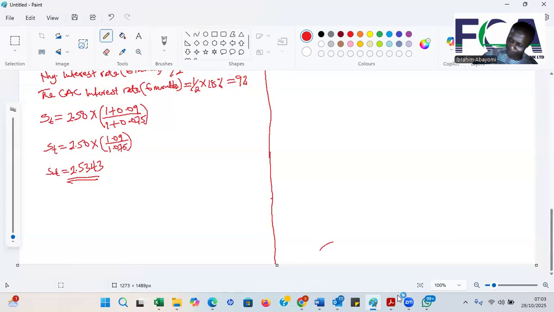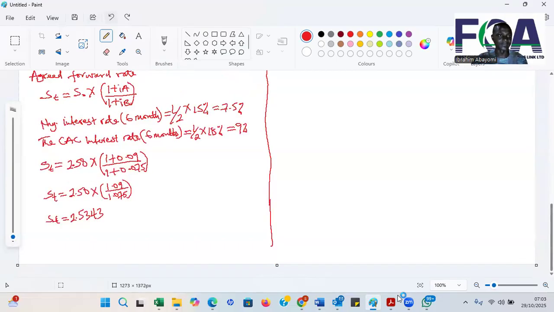So 1.09 divided by 1.075 multiplied by 2.5 gives 2.5349. Okay, that's correct.